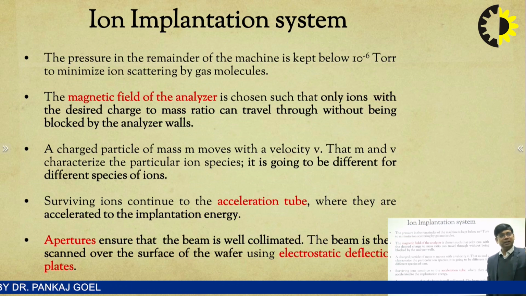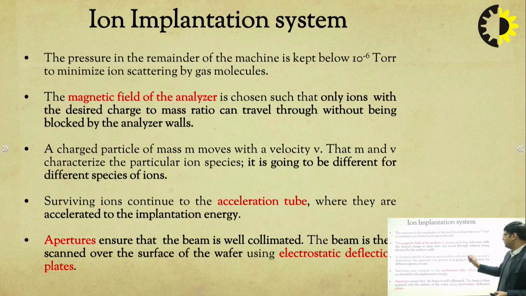The magnetic field of the analyzer is chosen such that only the ions with the desired charge to mass ratio can travel through it without being blocked by the analyzer walls. Because we have to allow only the desired ions to pass through and enter the wafer. When we are generating the dopant ions in the high voltage enclosure, there may be some contaminations.